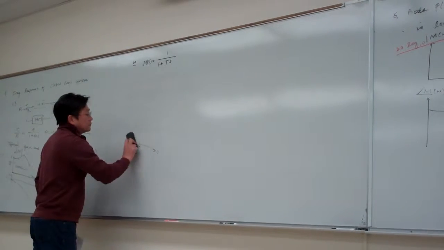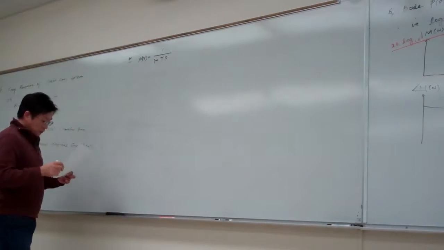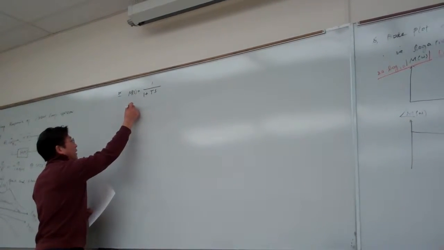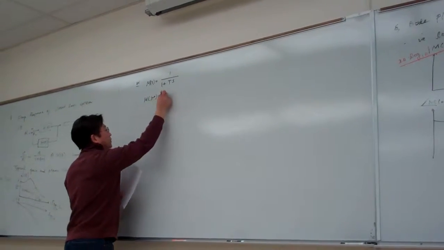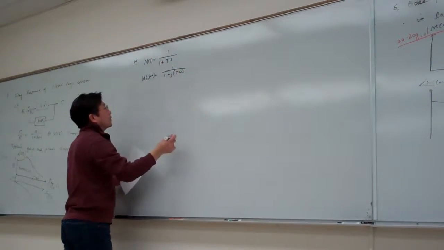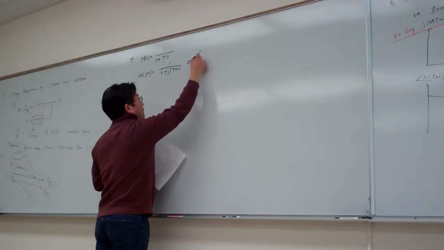So now for this one, then we can try. Here we introduce s equal to j omega. We put into the calculation 1 over 1 plus jT omega. So therefore here we have the magnitude.